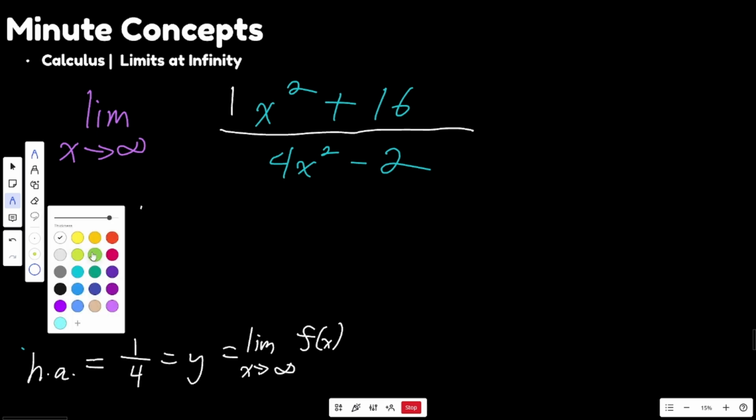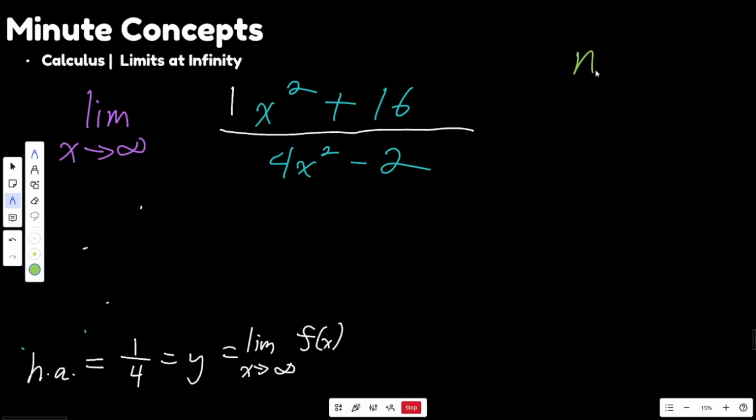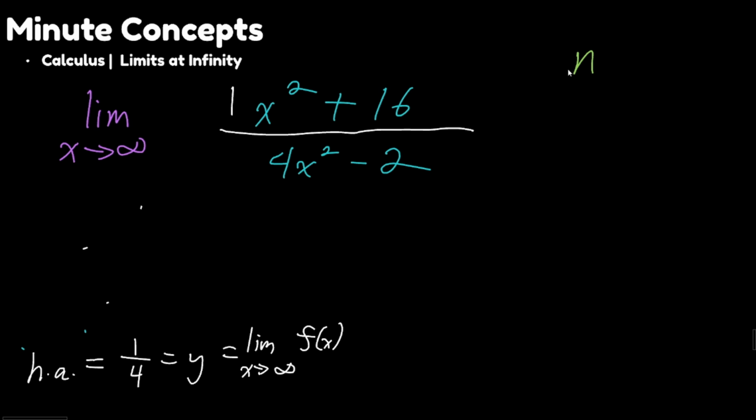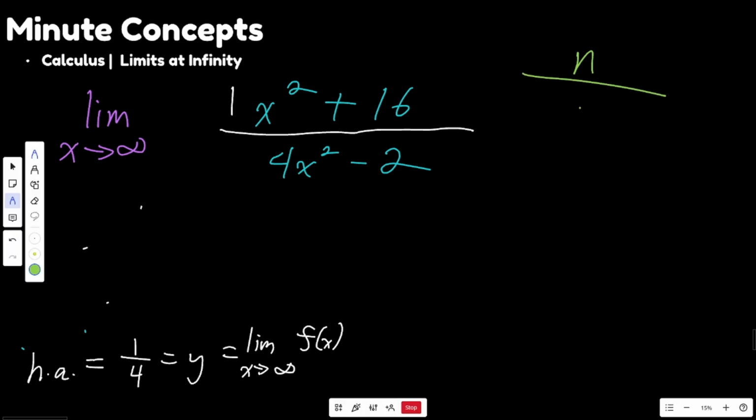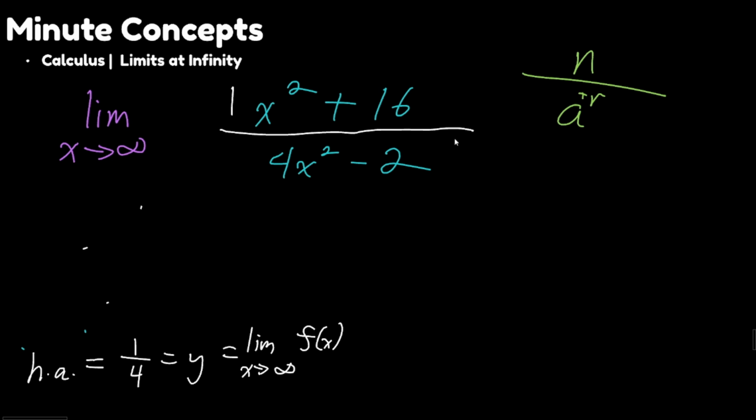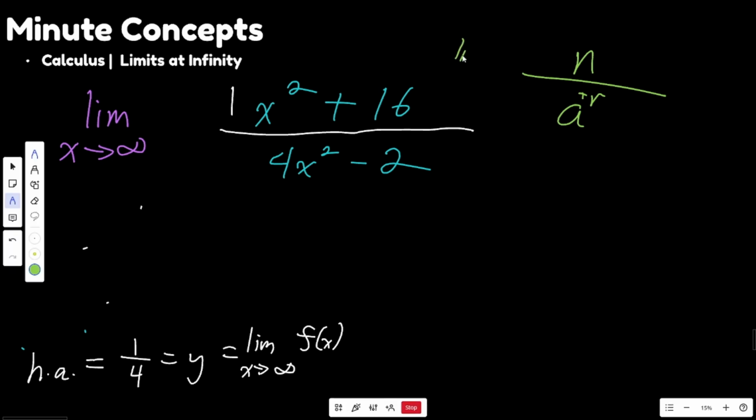It says that for any real number n over any variable raised to a positive real number, this always has to be positive, then the limit as x approaches infinity will always equal 0.